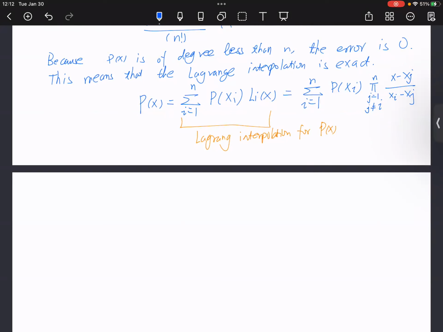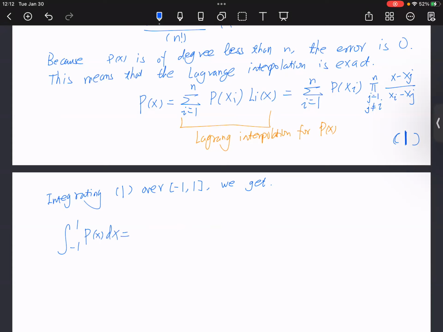But now what we are considering is the integral. So let's do the integration here. Let's say this is formula 1, equation 1, and integrating equation 1 over the interval -1 to 1, we get the integral from -1 to 1 of p(x) dx.